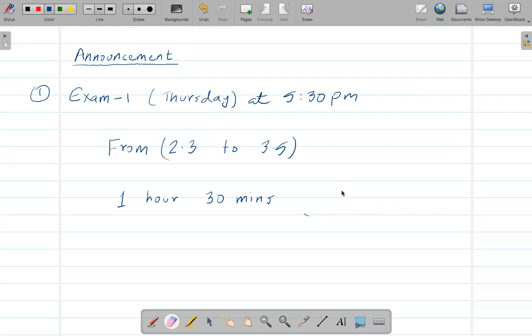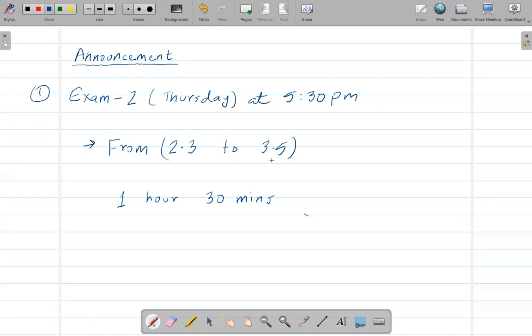Before we start this section, I just want to remind you about the exam. This is exam 2, not exam 1. I think you all know that it's Thursday during the regular class time, which is 5:30 p.m. This one is going to cover from section 2.3 till section 3.5.